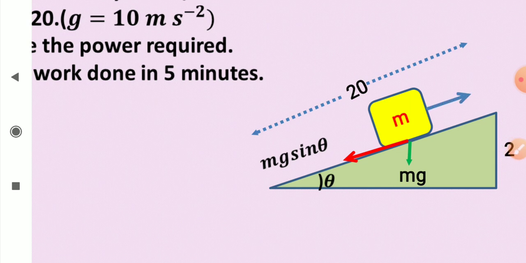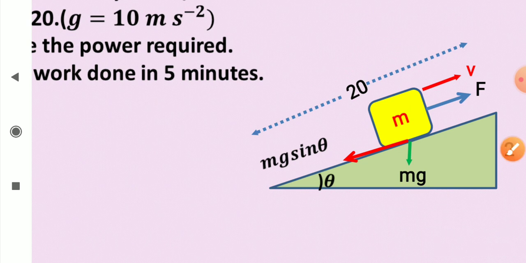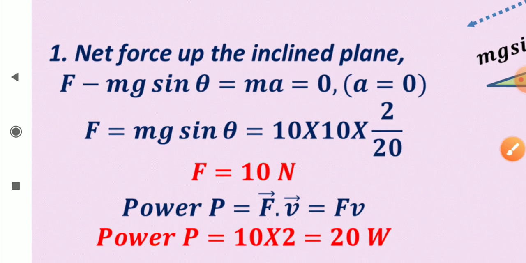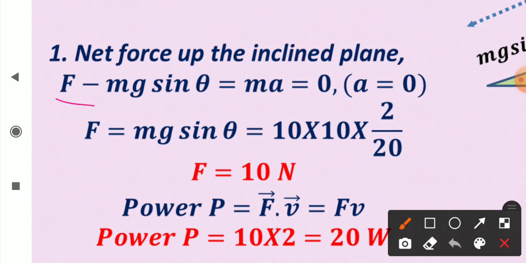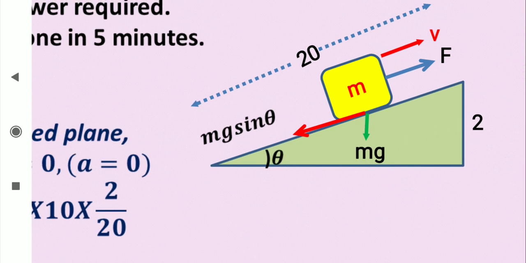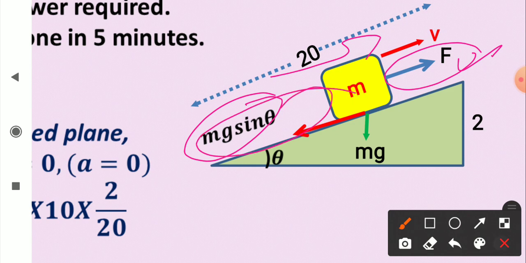So the applied force F is upwards, and it is moving with constant velocity v. So now the body is moving upwards, so let us find the net upward force acting on it. The net force up the inclined plane is F minus mg sine theta. The upward force is F, the downward force is mg sine theta.